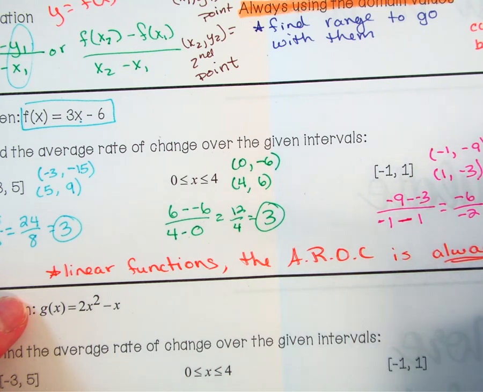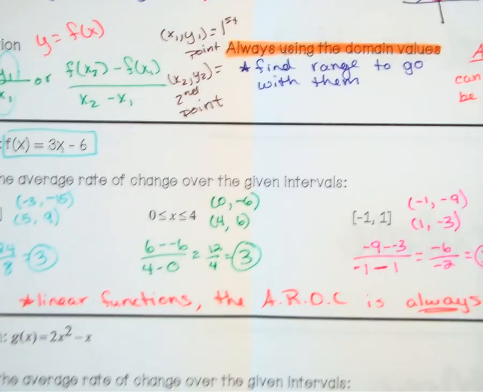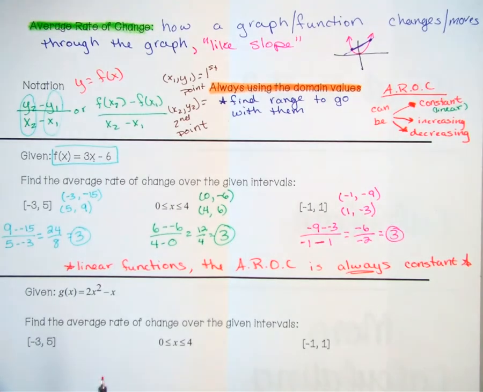And that's what we had here. 3x minus 6 is a linear function. So our average rate of change was constant. No matter which interval we looked at, it was always a 3, because linear functions are always constant.